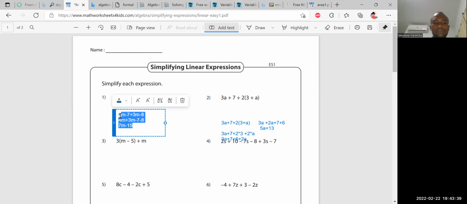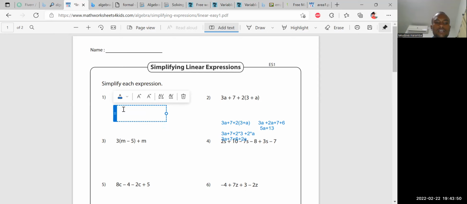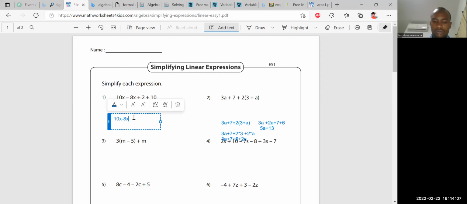So let's solve these problems that I've put on the screen. Problem number 1 says 10x minus 8x plus 2 plus 10.